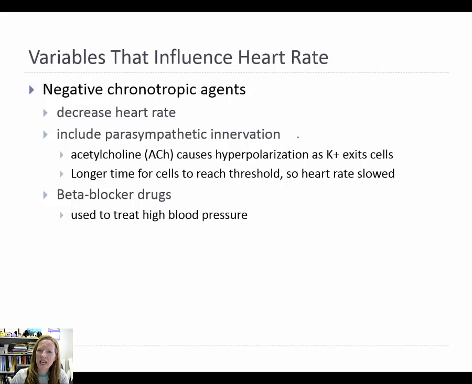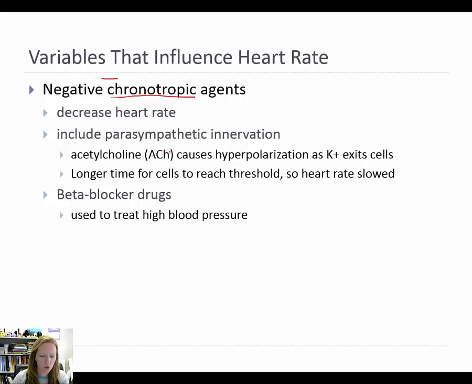These are going to be negative chronotropic, which means that it's going to decrease the timing of your heart or your heart rate. This is where your parasympathetic innervation is going to come into play. So what happens is acetylcholine is going to be the key neurotransmitter here, and it binds to different receptors.